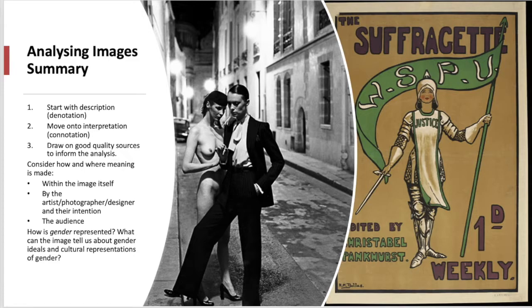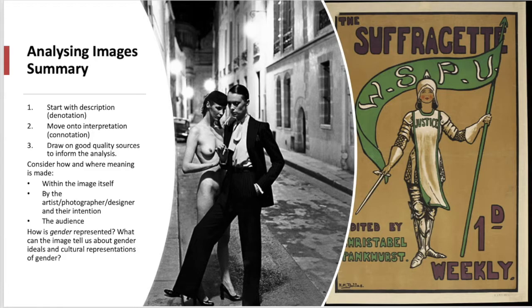Do you want to emphasize the image itself and how it, through what it depicts, creates meaning? Or are you more interested in the artist, the photographer, it could also be a designer, illustrator, and what their intention was? And also more widely, who commissioned it and what was their intention behind this particular image?